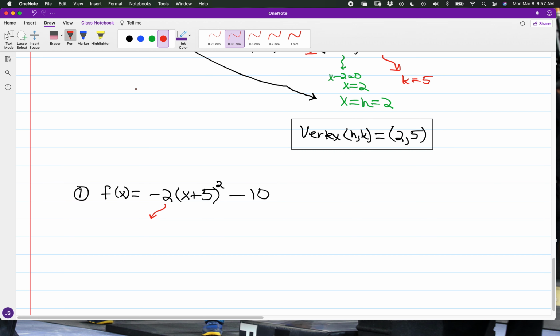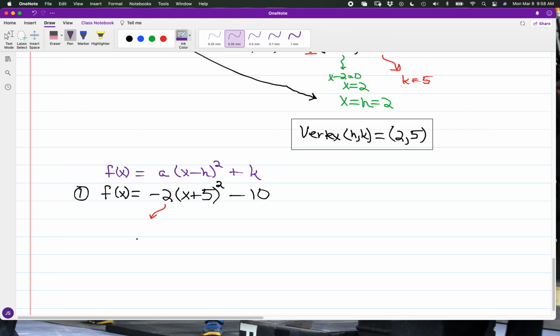Again, you have the general layout of the vertex form of a quadratic function. We already had the vertex form laid out for this particular function.